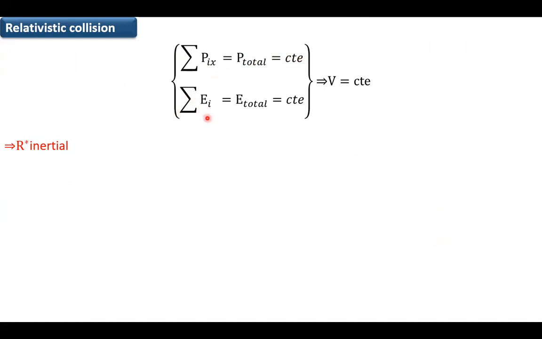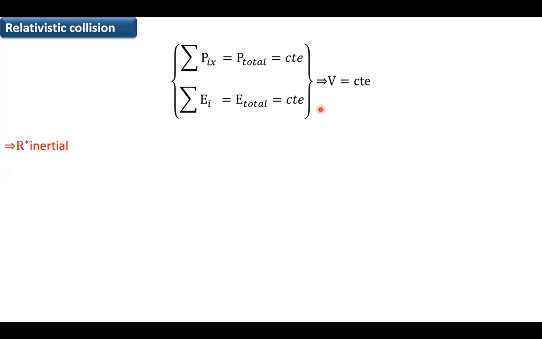And the sum of energies, which is the total energy, is also conserved because we are working in an isolated system and you are studying a problem of collision in this isolated system. So total P is conserved and total E is conserved by definition. So these quantities are constant. So the sum of Pi over the sum of Ei times c squared is a constant quantity.